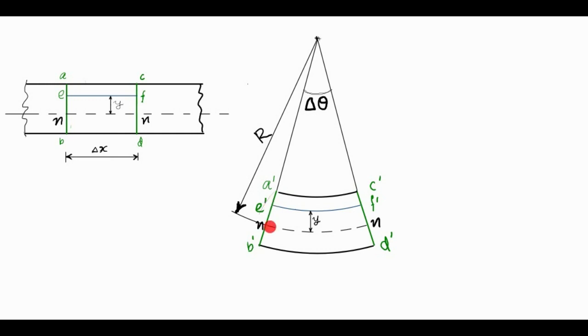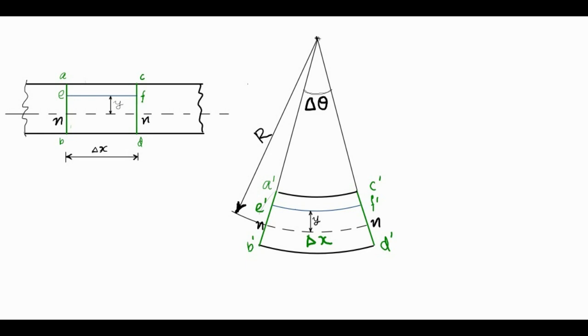In this case the length is decreased, and in the case of the neutral surface the length is same as delta x. Now I am going to write the length of this thing is delta x.